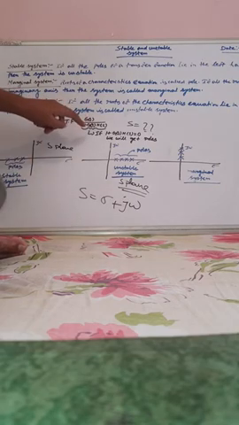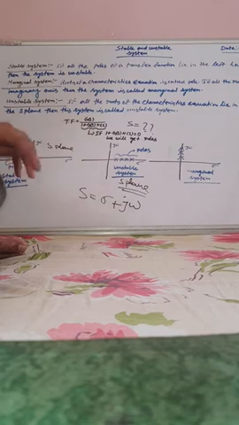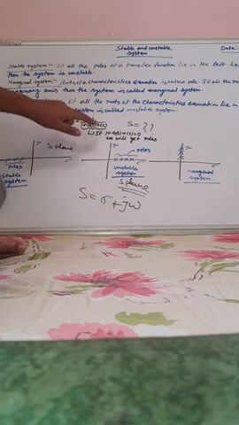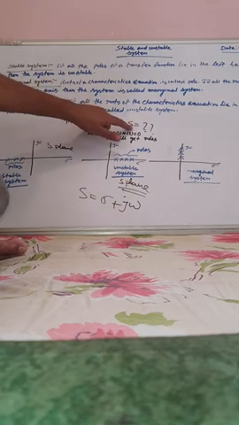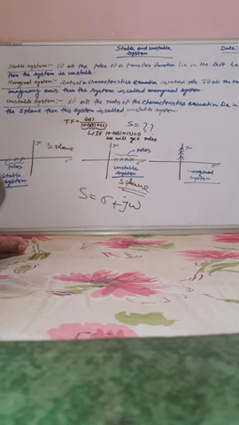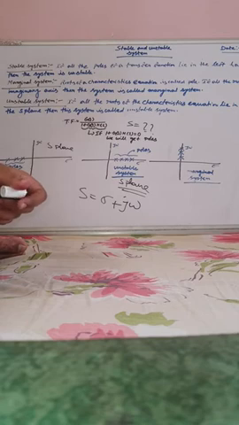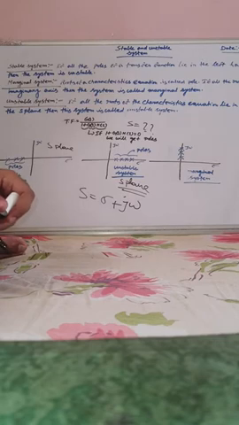How can you calculate those values? You have to calculate the roots of the characteristic equation. You make 1 plus G(s)H(s) equal to 0, and you will get the values of s. These roots are known as poles.